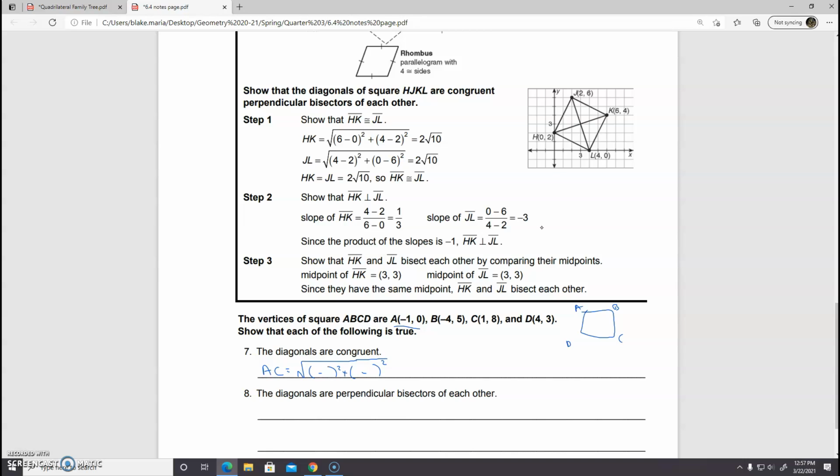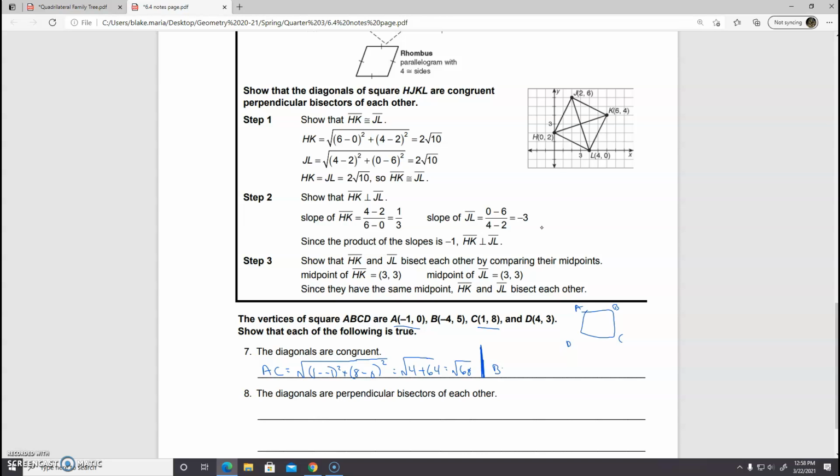So we're on A and C. So we're going to say 1 minus negative 1, 1 minus negative 1, and then 8 minus 0. So we're going to have 2 squared is 4, and 8 squared is 64. And we're going to be lazy and just stop there. We just want to prove they're congruent. So there's one of them.